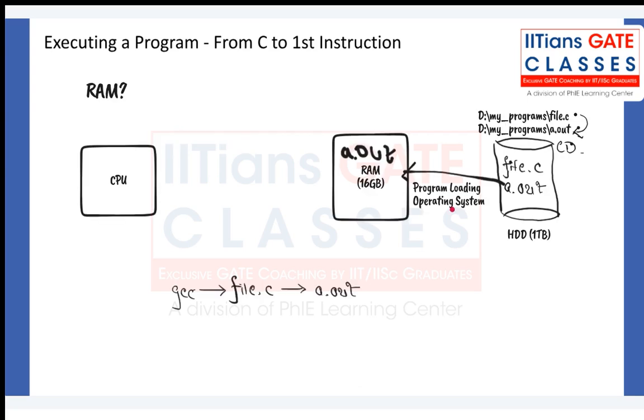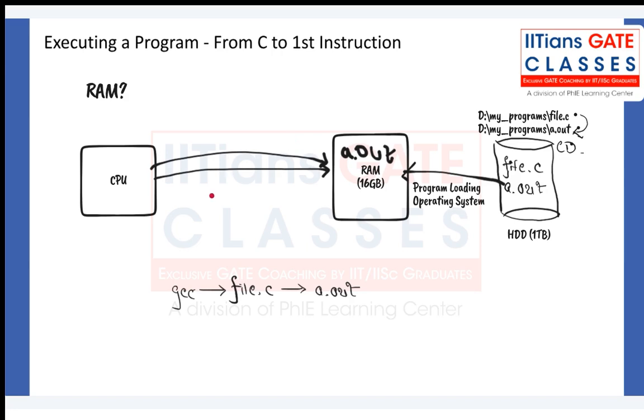Basically, the first step that happens is you load the program from the hard disk to the RAM. Now the CPU will start executing code from the RAM. Your a.out is there. Your CPU will start reading the instructions from a.out and execute the program.